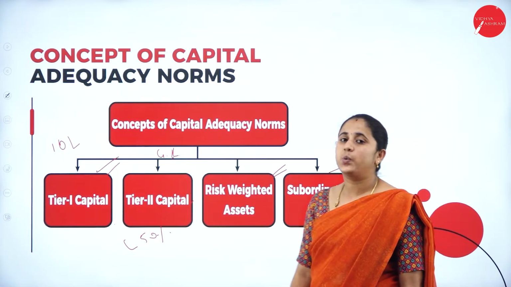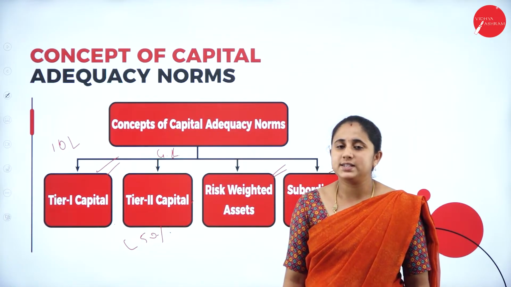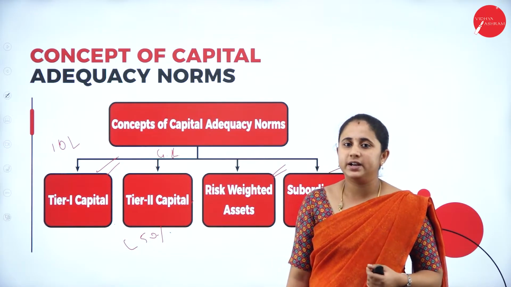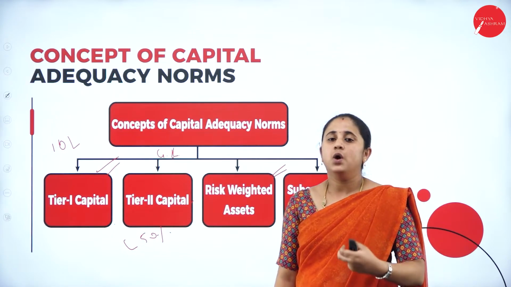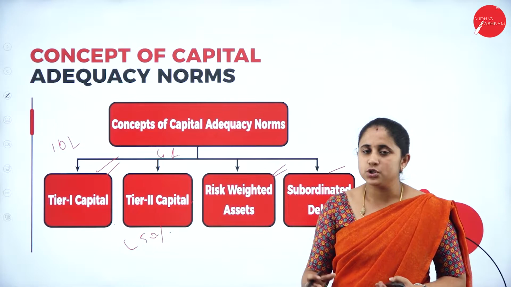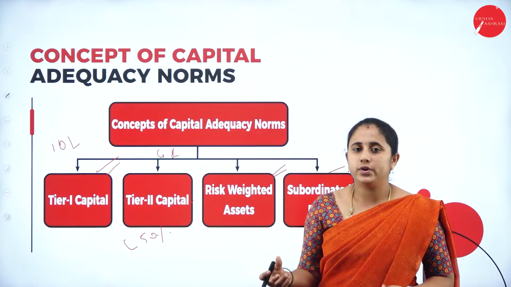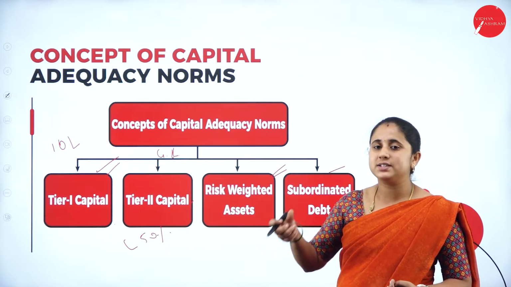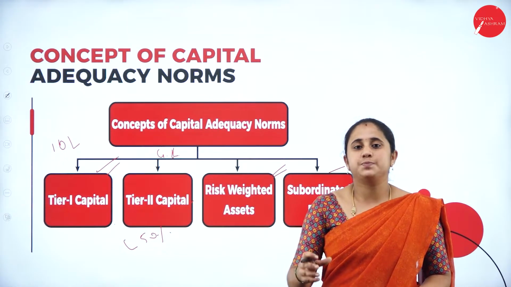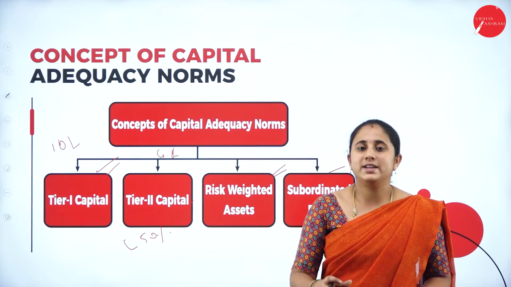Third one is risk weighted assets. Under this method, in order to evaluate the value of bank assets, we don't consider the book value. Each asset is considered with its respective risk factor.